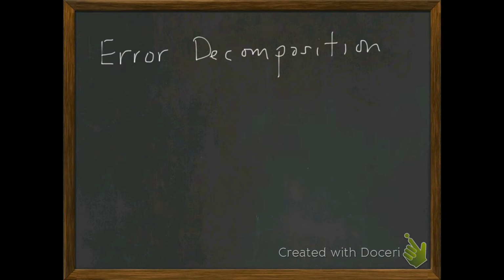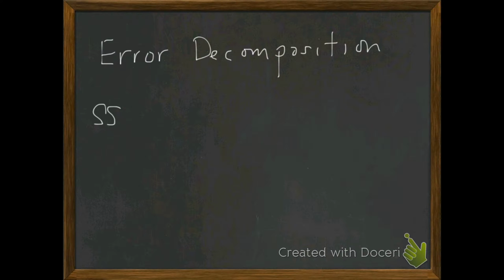All right, gang. Let's get into the calculations, which is really the purpose of this video. What we seek to do here is look at the error decomposition, which is just a way of looking at how the sum of squares are partitioned out for the model.